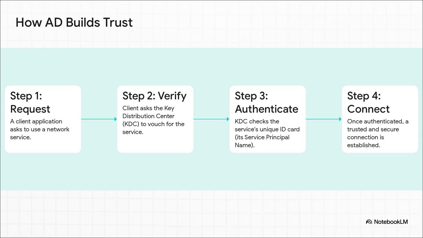Think of the KDC as a digital passport office. It is the ultimate authority on identity. The KDC checks that service's unique ID card, its SPN. If it all checks out, the KDC issues a special ticket, giving the green light. And only then, once everyone is verified, is a secure connection actually made. This whole process is what stops you from accidentally connecting to a fake, malicious service.